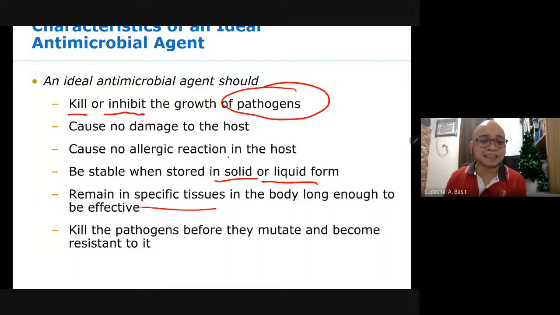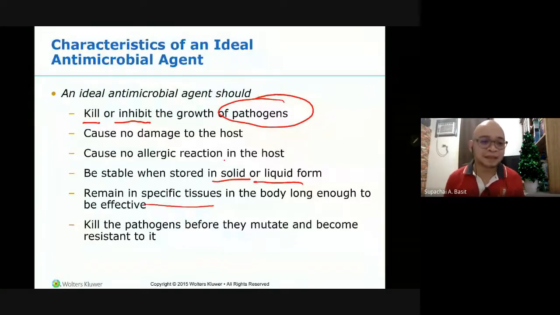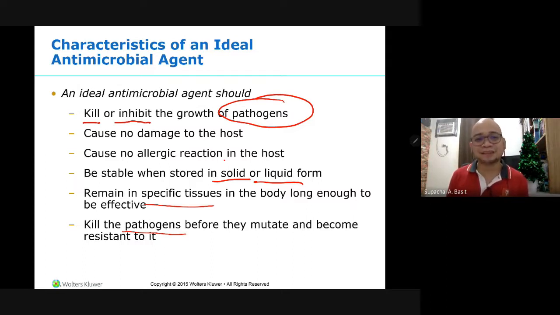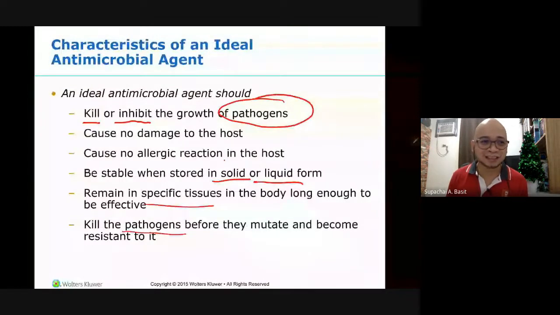So if a certain antimicrobial agent is easily excreted out and wasn't able to create a significant effect towards the host, then that particular antimicrobial agent would be useless. An ideal antimicrobial agent should also be able to kill the pathogens before they mutate and become resistant to it. So you do not want pathogens to mutate and eventually develop resistance or drug resistance.